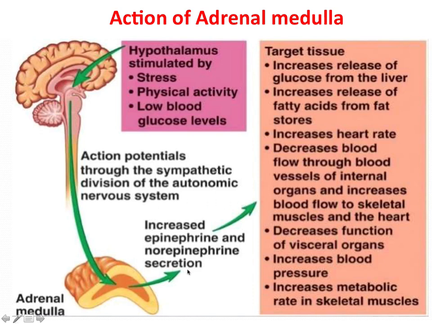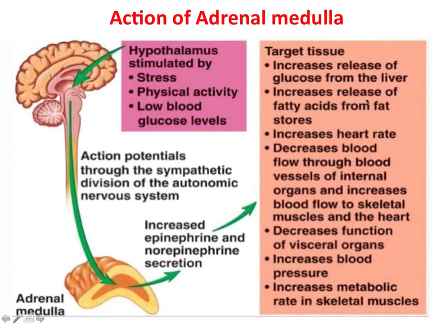Once these hormones, norepinephrine and epinephrine, that are noradrenaline and adrenaline, are secreted in the blood, they go to the target tissues. In target tissue, they cause increased release of glucose from the liver.